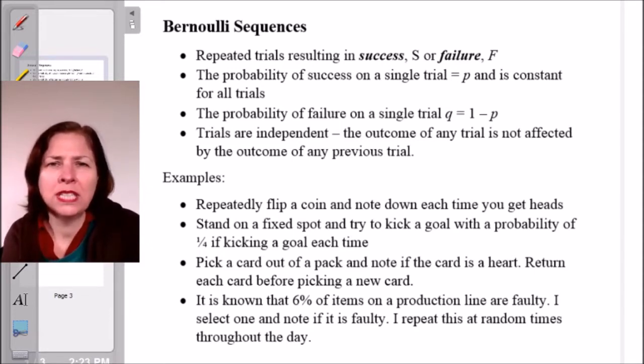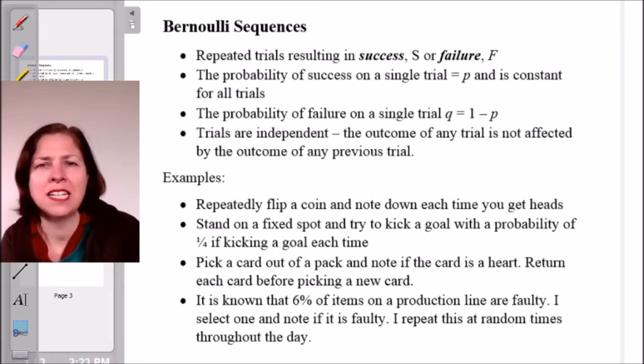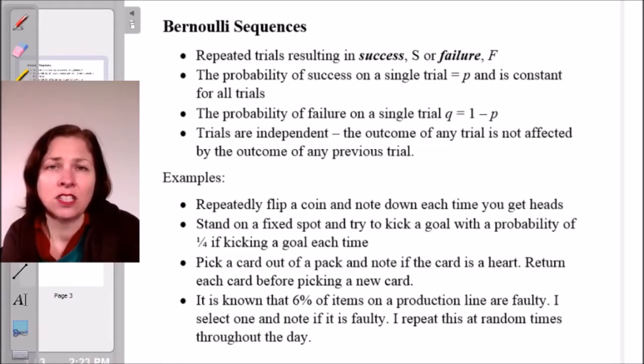So a Bernoulli sequence is quite easy to recognize, but it's really important that you take that step at the beginning of looking and thinking, is this a Bernoulli sequence? So it's an example of repeated trials which result in either a success or a failure. So if you're looking to try something like throw a ball in a hoop, you will either succeed or you will not succeed.